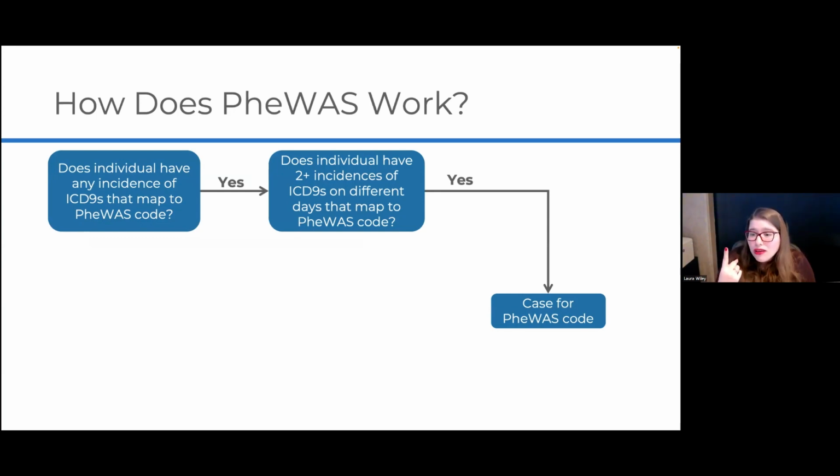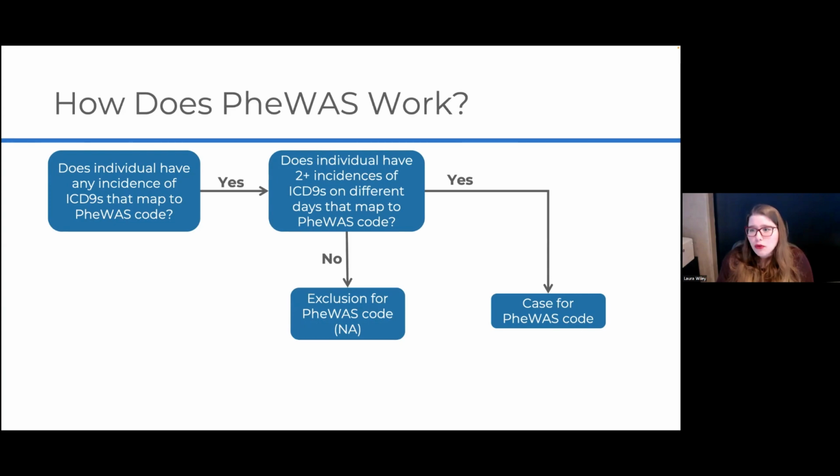If they don't, so they only had 1 of those Phe codes of interest, then you exclude them. You say, they've got some indication that they might have this trait, so I don't want to call them a control, but they don't have enough evidence for me to be sure about it. So I'm going to simply exclude them from that Phe code.